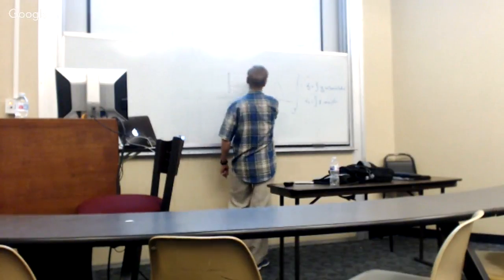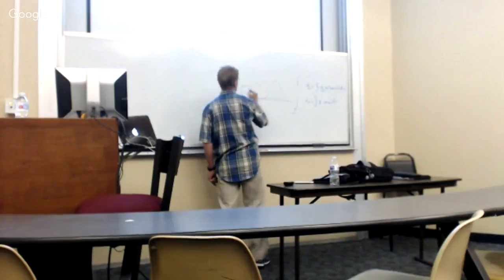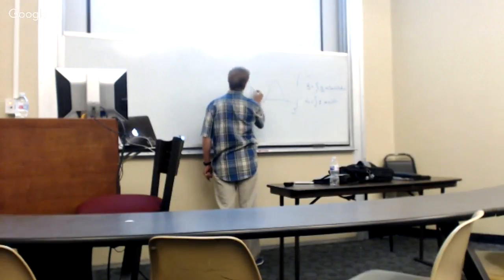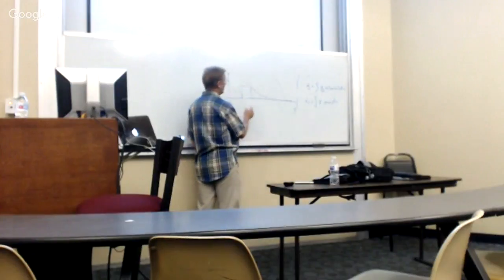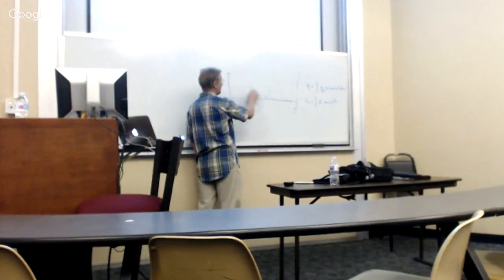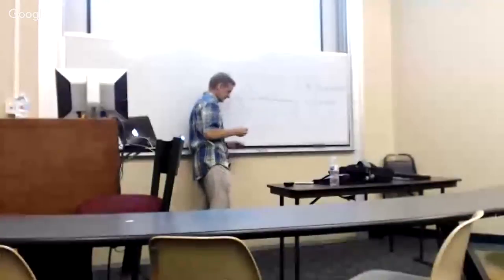If I change this kernel function, and make it something that decays really quickly, suppose that it goes down like this, then I'm not being affected by this region here at all. I'm really only getting some information about this.